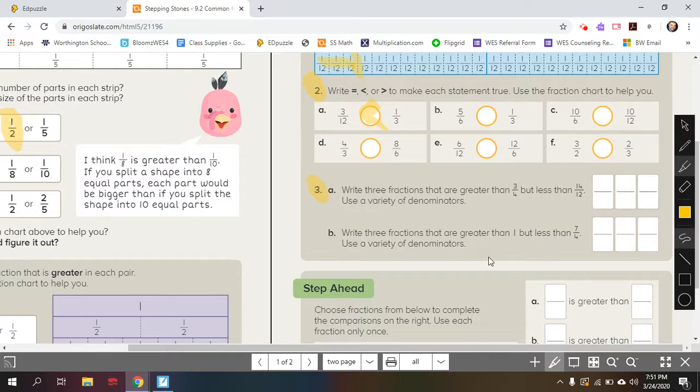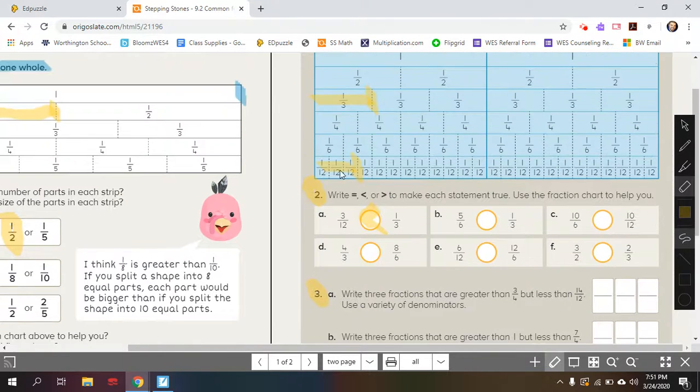And then when you're ready for problem number 3 down here, they want you to come up with 3 fractions that are in between the 2 that they give you. The first one they say is they want fractions that are greater than 3/4, but less than 14/12. So if I'm looking up here at my fraction wall, 3/4 is going to start here, and it's going to extend out 1 piece, 2 pieces, 3 pieces.